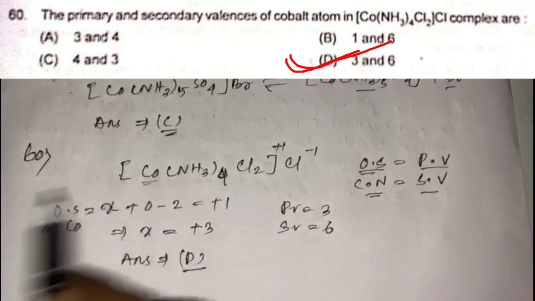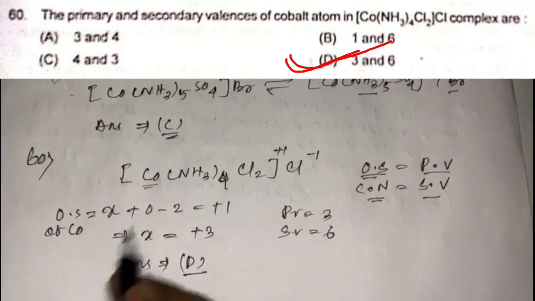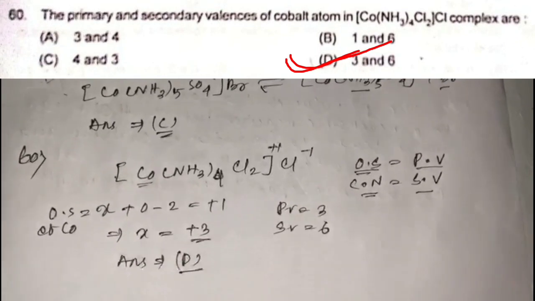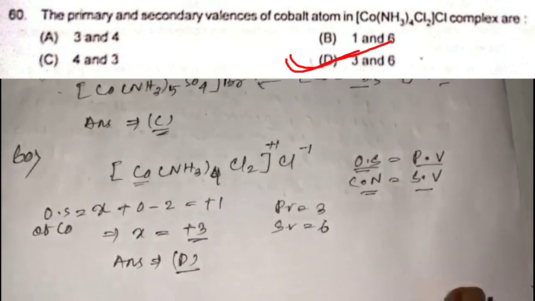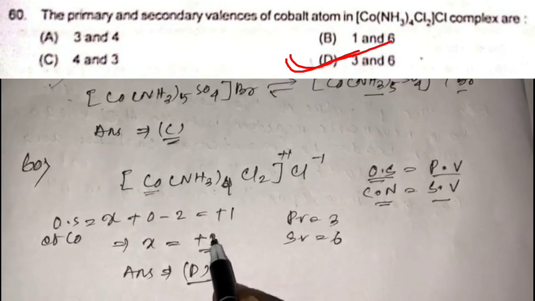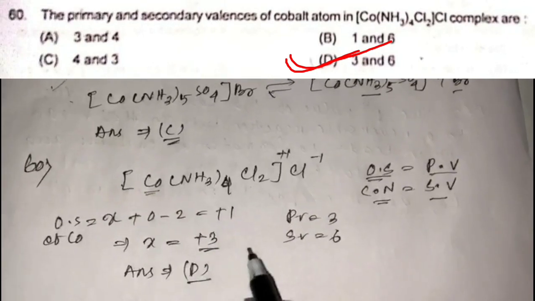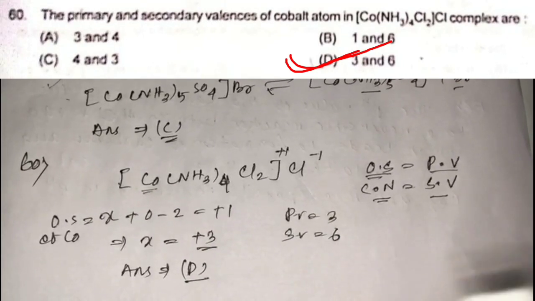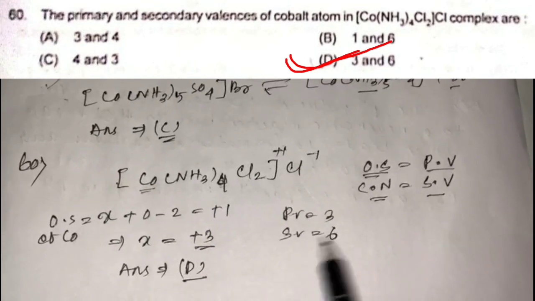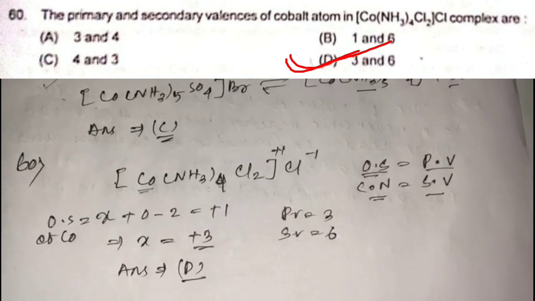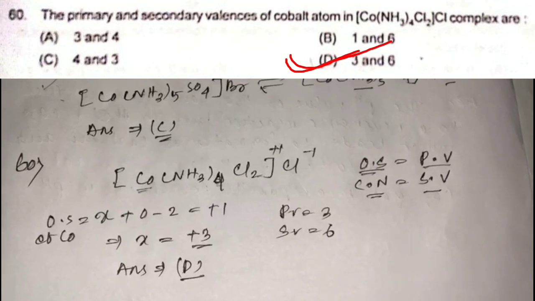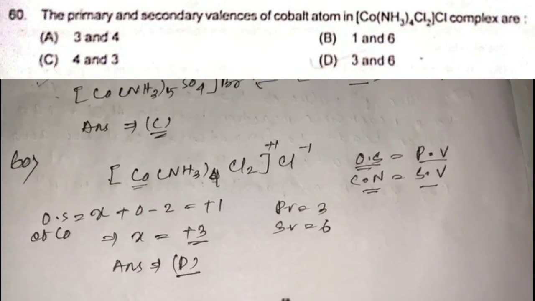The central metal atom is cobalt here. So the oxidation state of cobalt comes out to be +3. I know you are able to calculate the oxidation state. Hence the primary valency is 3. And the coordination number is 6, hence the secondary valency will be 6. So the correct answer for question 60 will be D, that is 3 and 6.